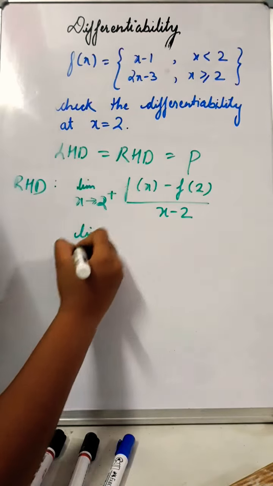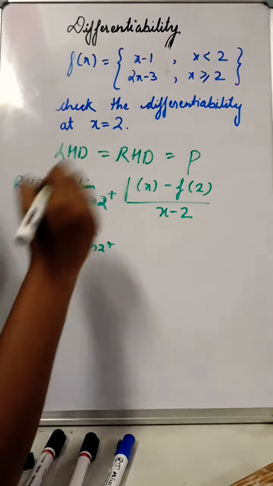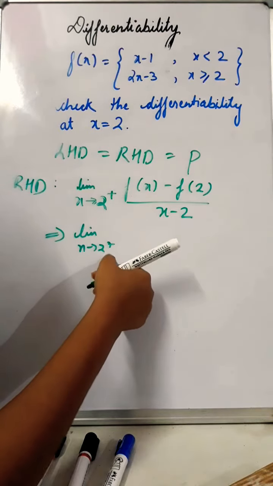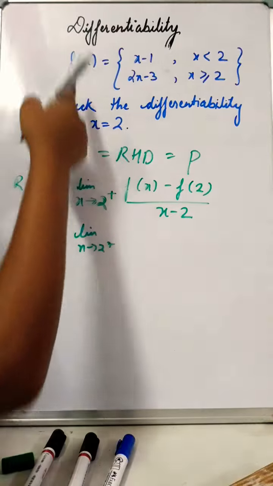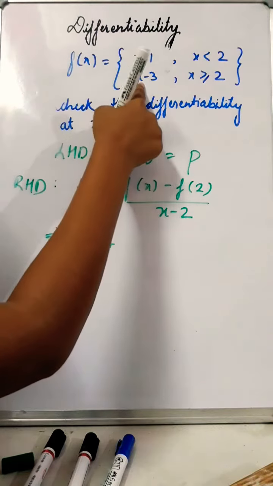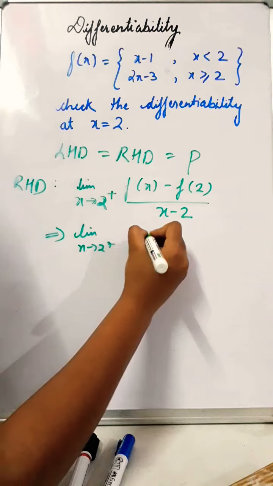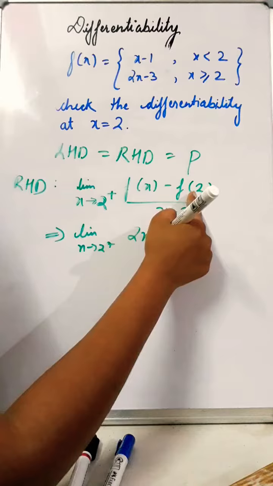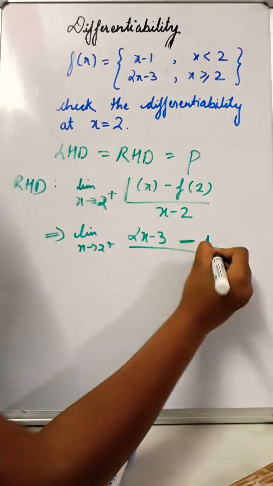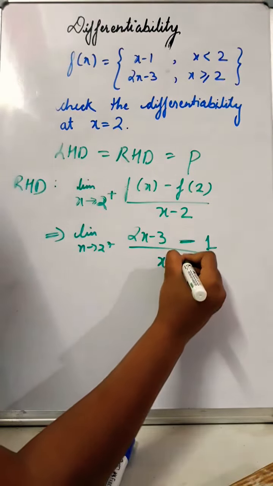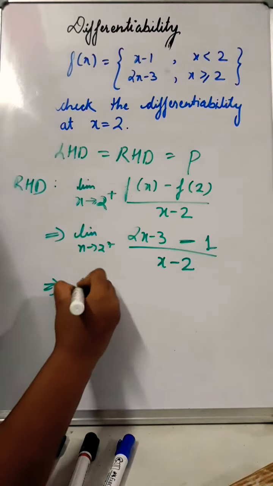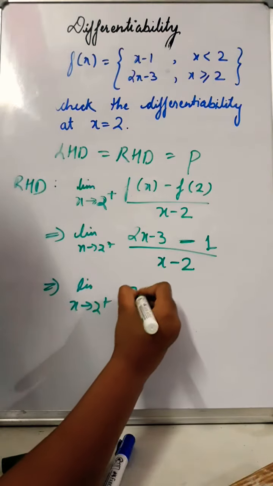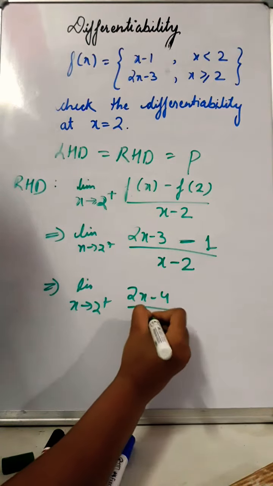In that case, when you are approaching from the right hand side, means the value where x is greater than 2, the function's value is 2x minus 3. So it's 2x minus 3 minus the value of the function at 2, which is 1, and the denominator you get x minus 2. So this gives you limit x tends to 2 plus, this is (2x minus 4) whole upon x minus 2.